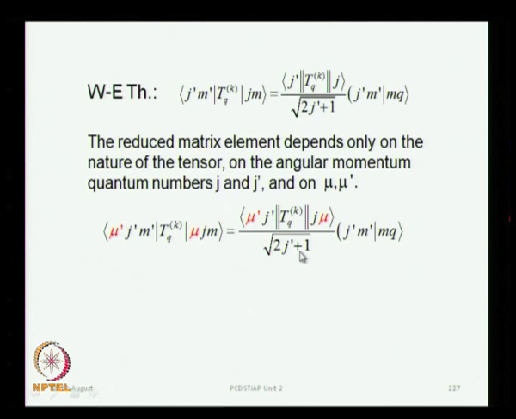This root 2 j prime plus 1 again is a factor which depends on the value of j prime, and the left hand side, this physical part, already has a dependence on j prime. So some authors include this root 2 j prime plus 1 in the definition of the reduced matrix element. It is just a matter of convention, so that is not such a big thing.